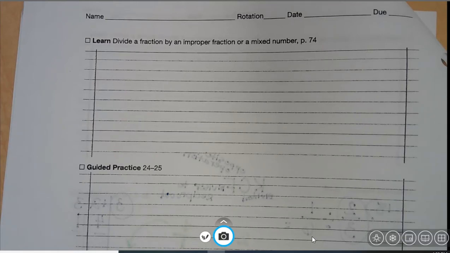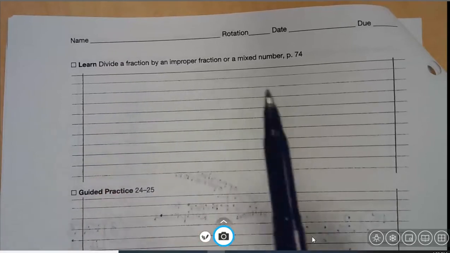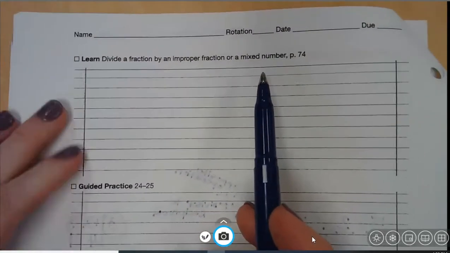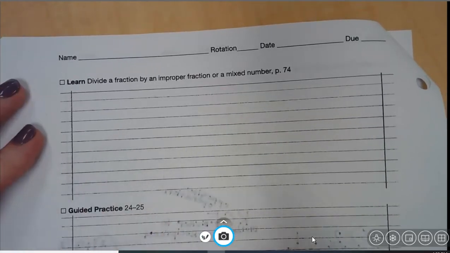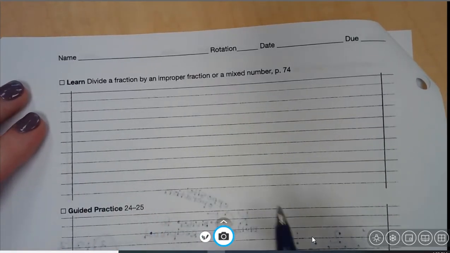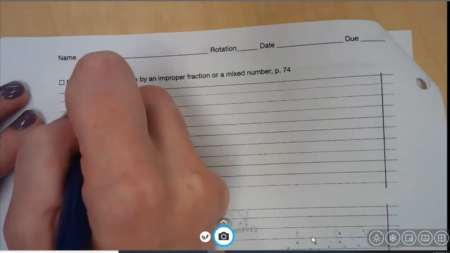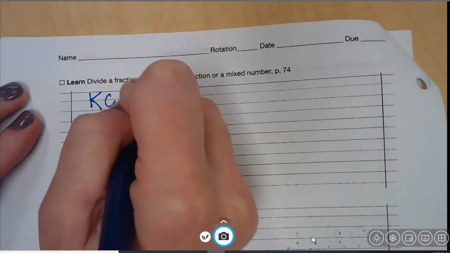So continuing on in lesson 1, we're going to divide a fraction by an improper fraction or a mixed number. Just like dividing a fraction by a proper fraction, you use the acronym keep, change, flip.